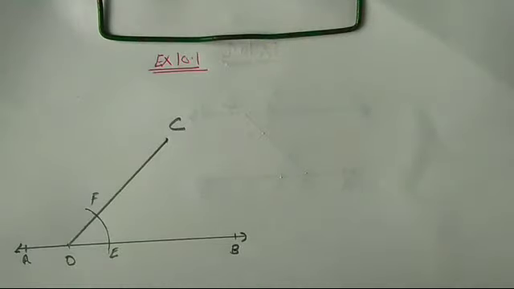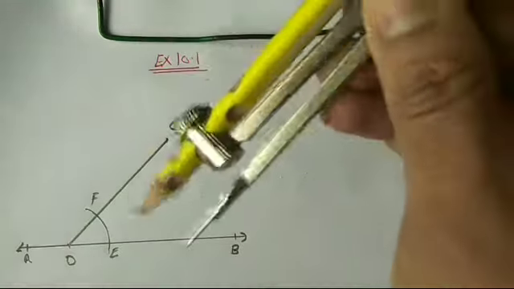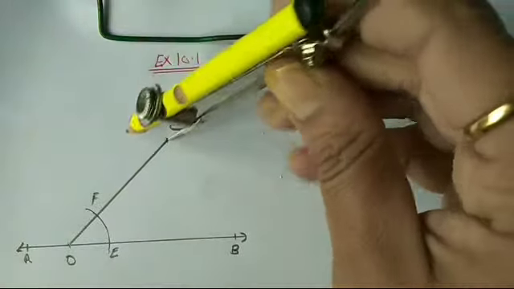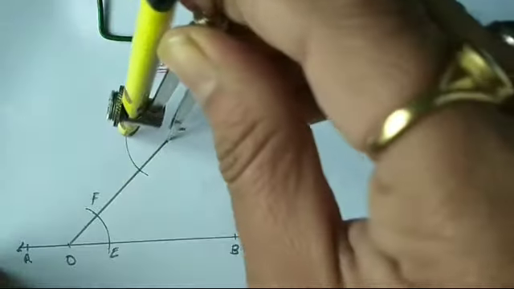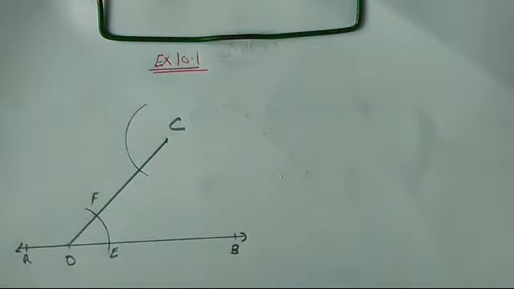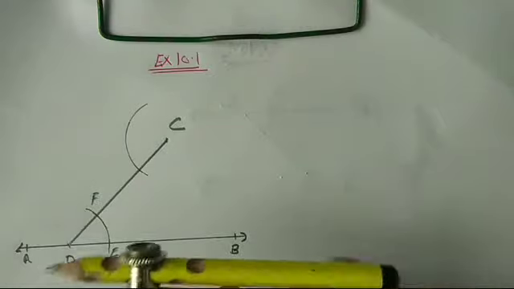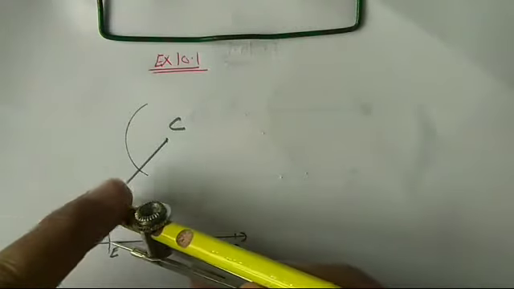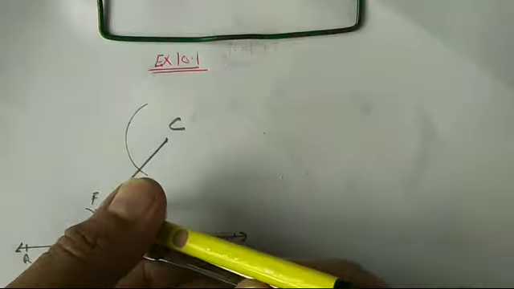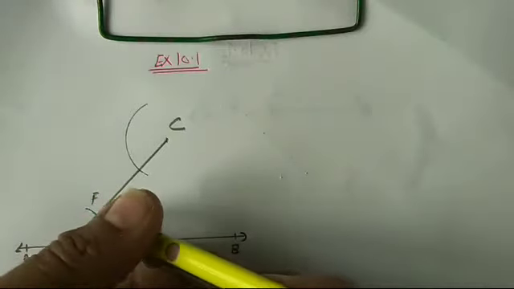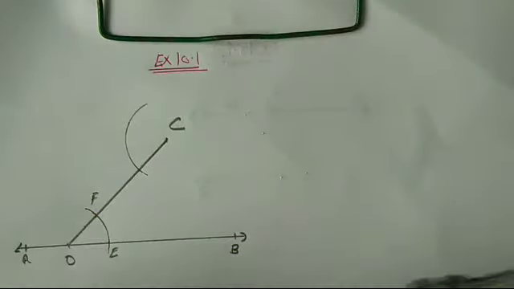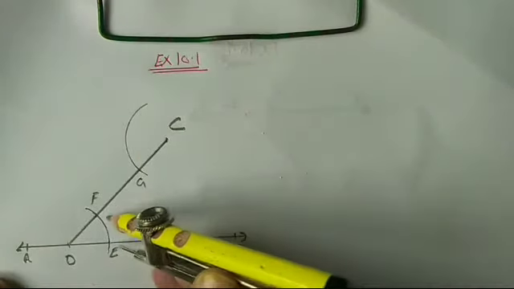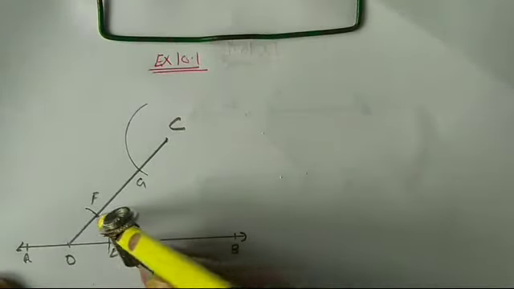Now, taking the same radius, we draw an arc taking C as a center. Now we'll measure this opening of the angle, the distance between E and F. Suppose we mark this as point G, then taking G as a center, we cut an arc equal to the distance EF.